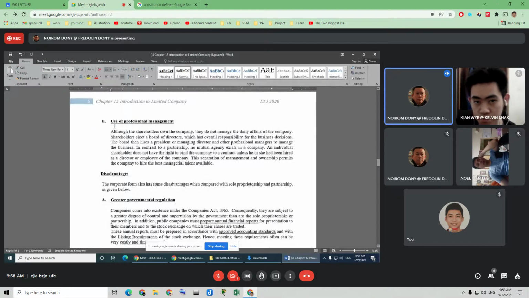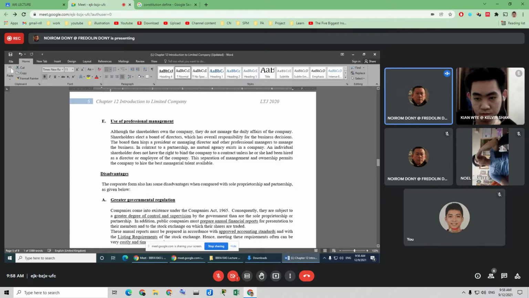Okay. And then use of professional management, meaning like what we have learned just now, the shareholders cannot participate in managing the business. Although the shareholders own the company, they do not manage the daily affairs of the company. Shareholders elect a board of directors, which has overall responsibility for business decisions.